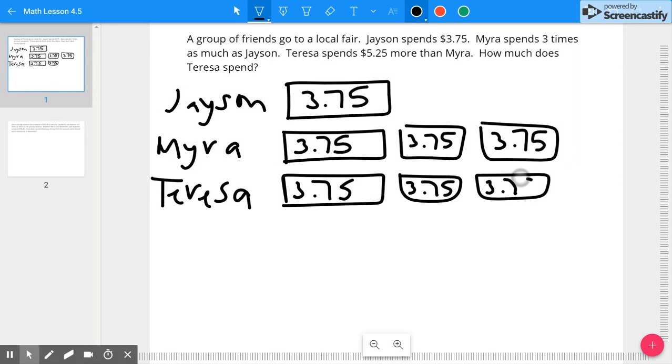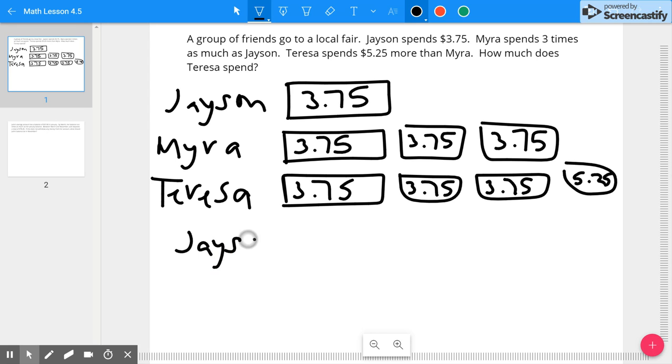She spent the same amount in that form as Myra, but then she spent another $5.25.